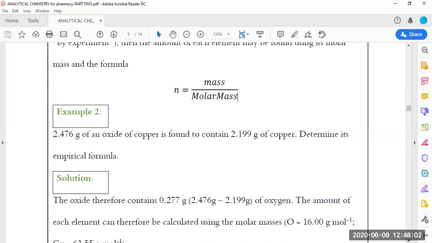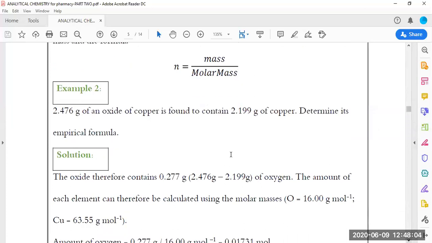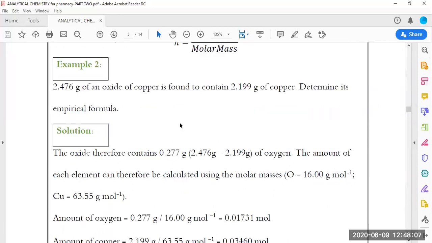Let's go to this example. A very simple example: we have 2.476 gram of an oxide of copper. We don't know the oxide, we just know it's an oxide of copper, found to contain 2.199 gram of copper. So we know the mass of the copper, and we know the mass of the oxide. Determine its empirical formula. Now, the question says oxide of copper, it means we have only oxygen and copper.